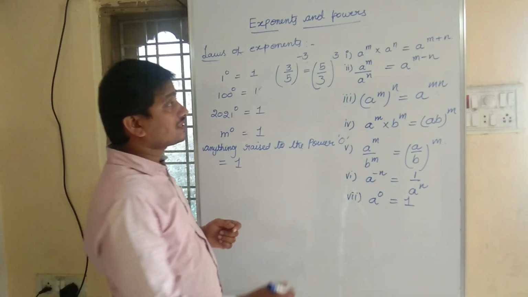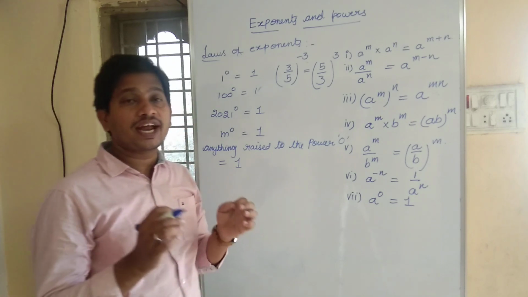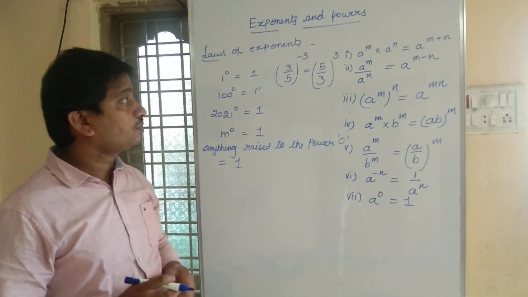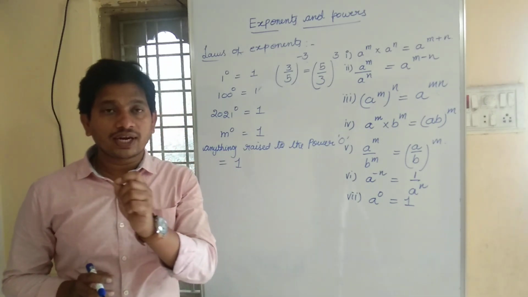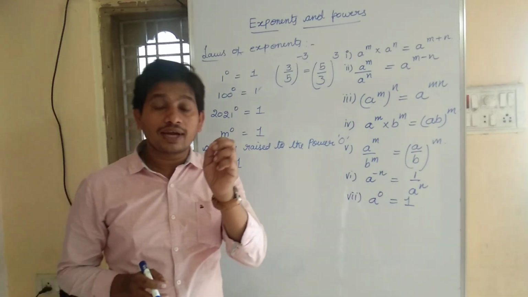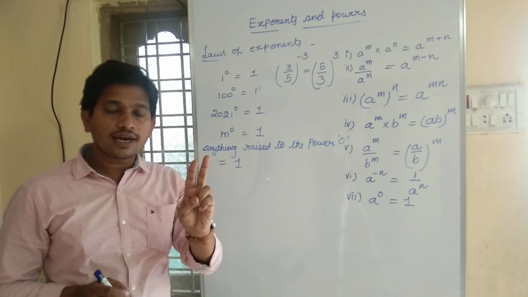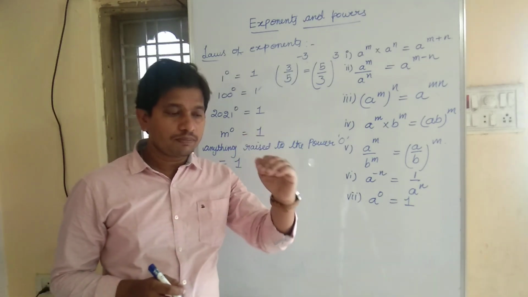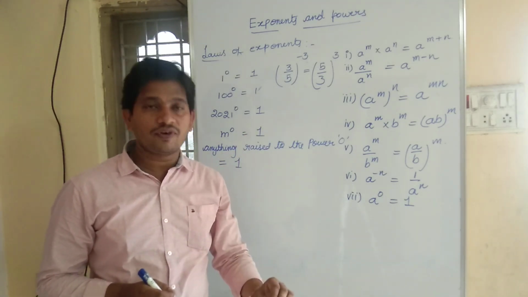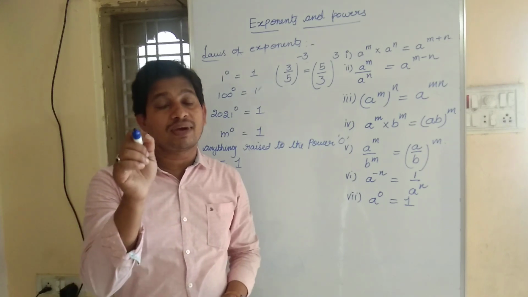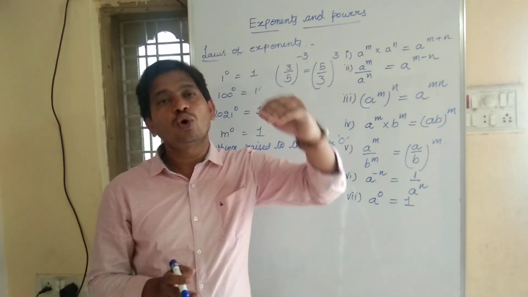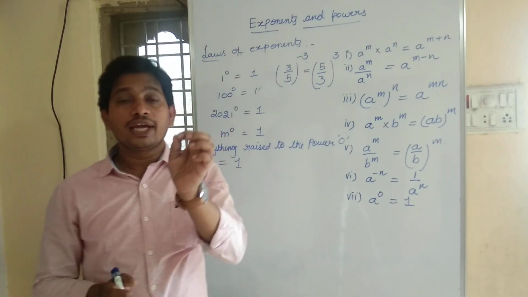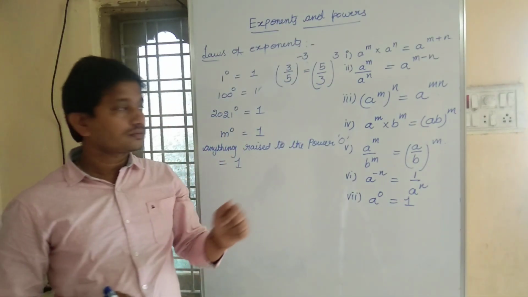So in this class we have discussed the most important and widely used laws of exponents. The first law of exponent is a power m into a power n is equal to a power m plus n. The second law is a power m divided by a power n is equal to a power m minus n. The third law is a power m whole to the power n is equal to a power m into n.